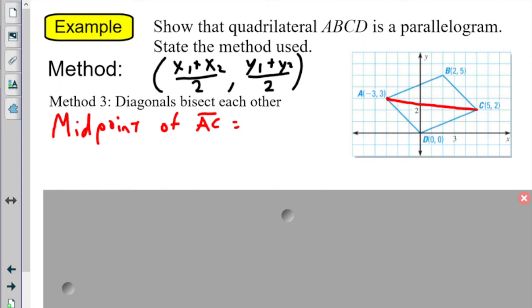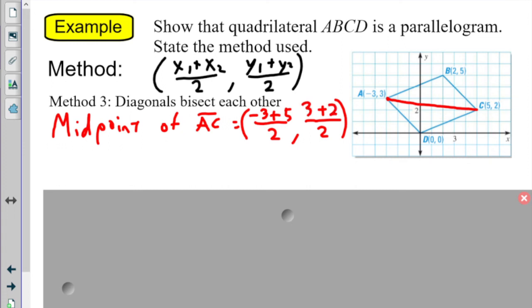I'm going to look for the midpoint of A to C. That's going to equal, take the x coordinates, add and divide by 2. Take the y coordinates, add and divide by 2. My x coordinates here are -3 and 5. I'm going to add and divide by 2. The y coordinates here are 3 and 2.